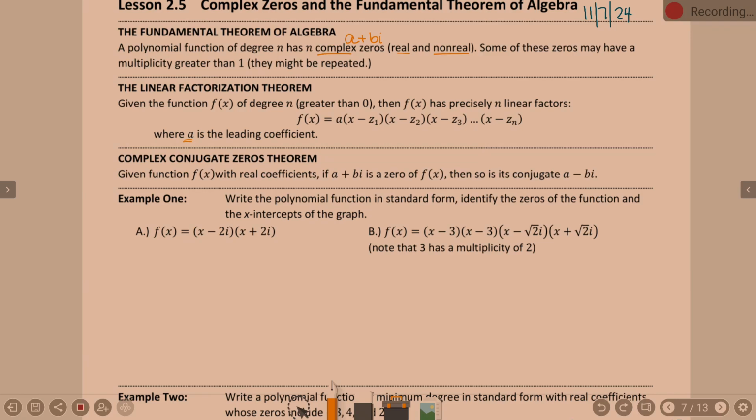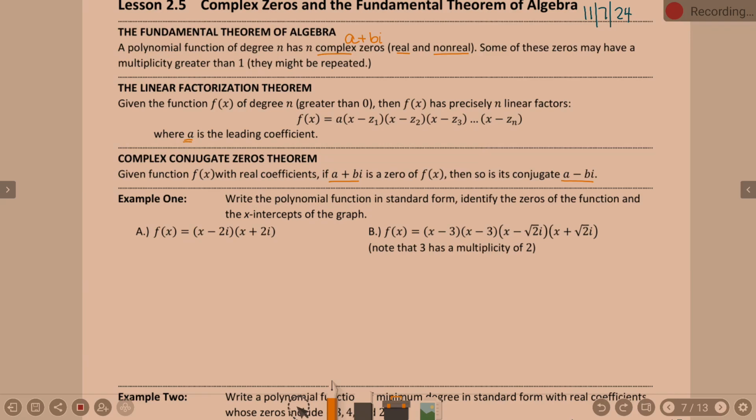And then the other one, the complex conjugate zeros theorem. This one we definitely would have used last year. Given a function f of x with real coefficients, if a plus bi is a zero, then so is its conjugate.